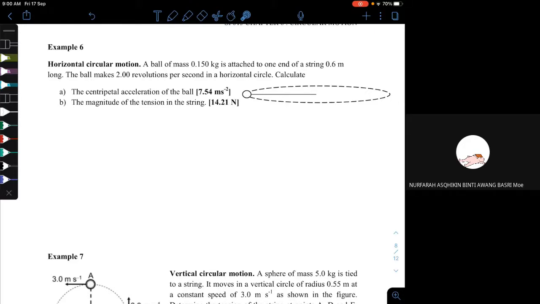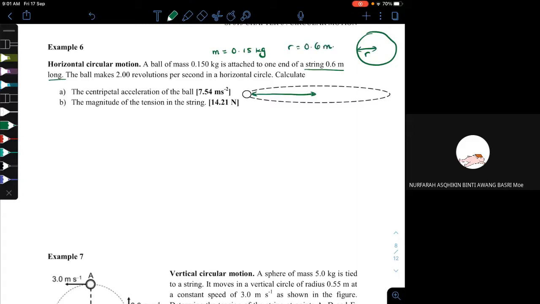So we are given the mass is 0.15 kilogram, and the string is 0.6 long. It means this is the radius. When we have a circle, this will be our radius. So the radius is equal to the length of the string, which is 0.6 meter.